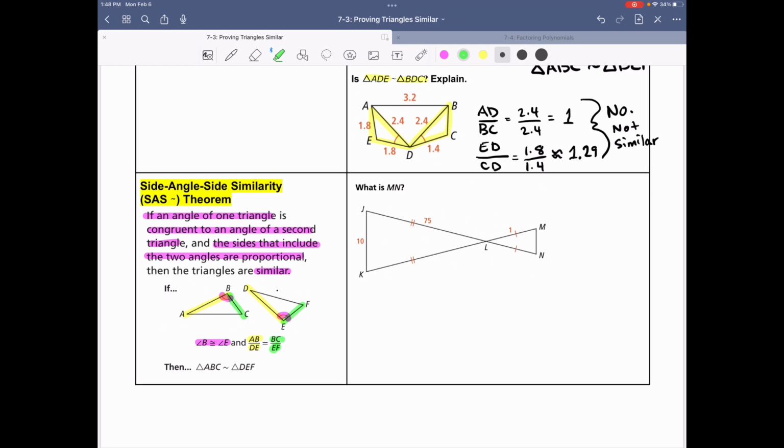So let's use this theorem to figure out another side of a triangle. We have angle L congruent to angle L. We're going to write this as a proof. Angle L is congruent to angle L by vertical angles, because vertical angles are congruent.